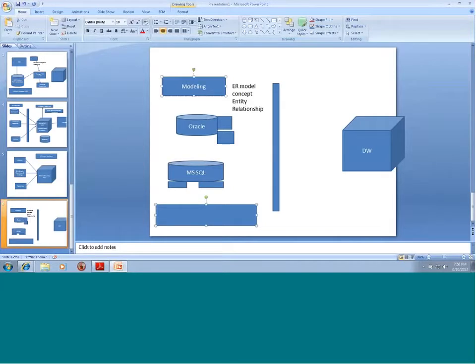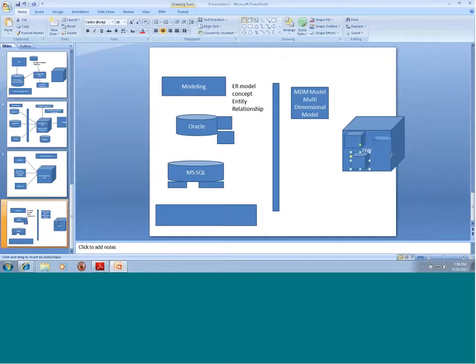So with this modeling, we are converting the ER model into something called the MDM model. MDM stands for multi-dimensional model. We look at the table structures available in the source system, analyze how they need to be converted to get into this common platform, and we create structures or tables within the data warehousing platform.